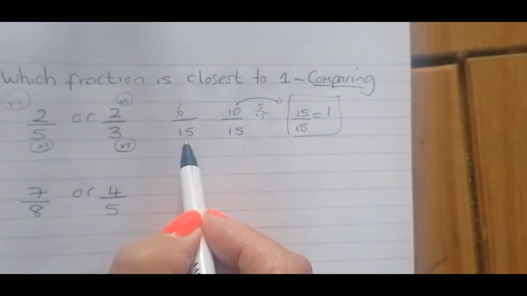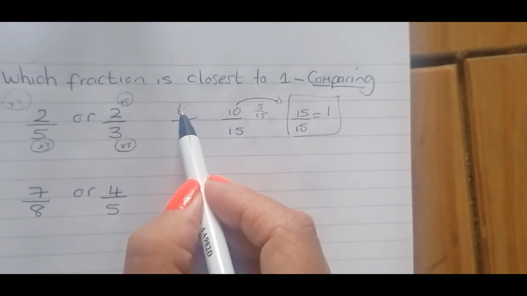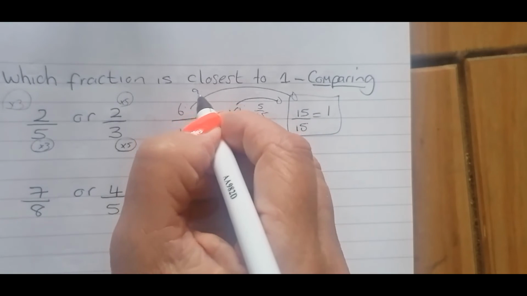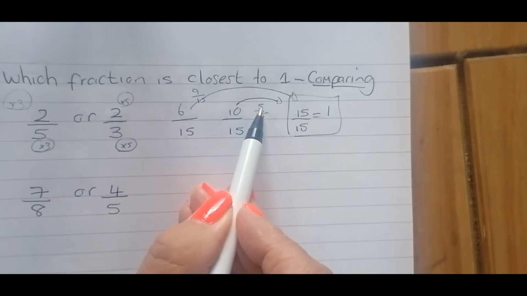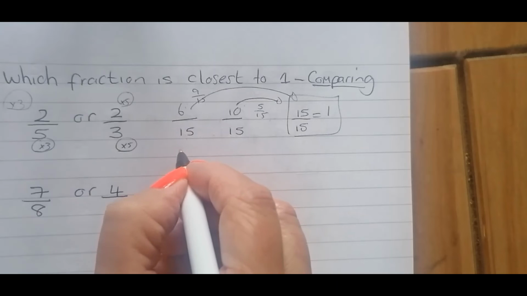This one is 6/15ths. So if I say 15/15ths take away 6/15ths would be 9/15ths, a difference of 9/15ths. So this is 9/15ths away from 1, and this is 5/15ths away from 1. So 2/3 is closest to 1.